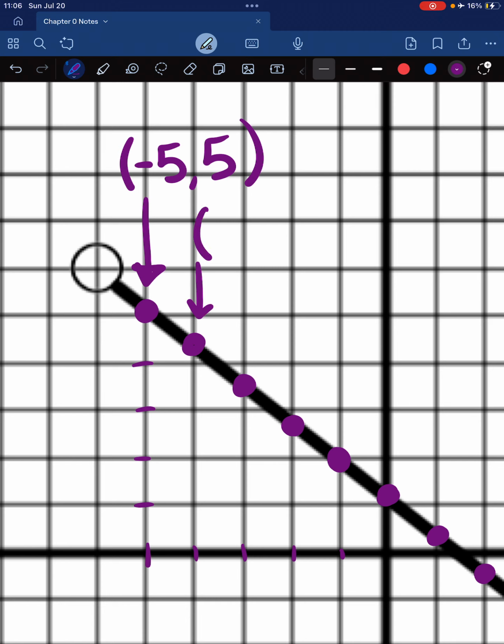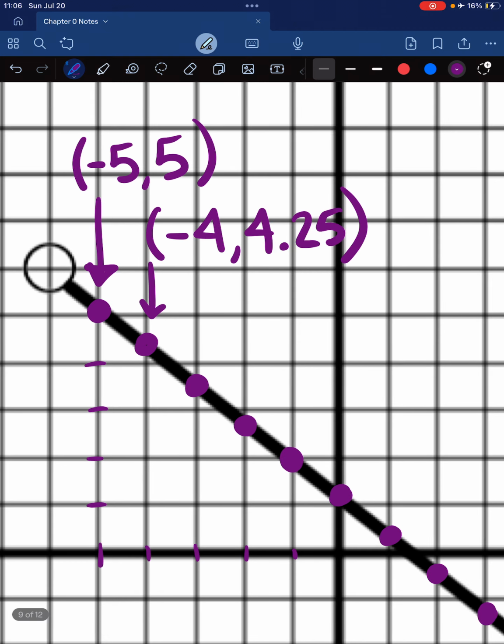Okay, I'm going to do the same thing for the next point. This point right here looks like it's at negative 4, comma, up 1, 2, 3, maybe that's like 4.25. Again, I'm just guessing. These are not actually correct, or they're not perfect. They're close. My next point, negative 3, and that almost looks like I go up 3.5.